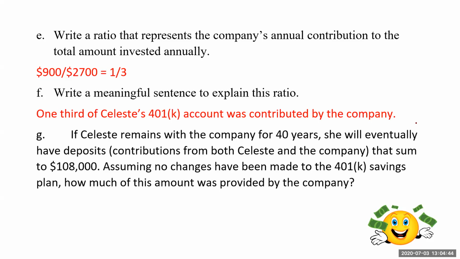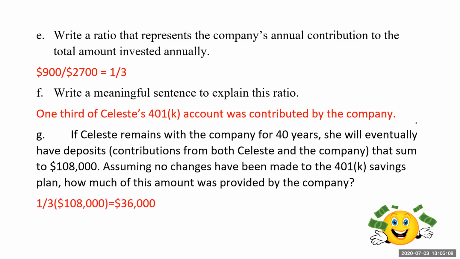Now, if Celeste remains with the company for 40 years, she will eventually have deposits that sum to $108,000. Assuming no charges have been made to the 401k savings plan, how much of this amount was provided by the company? So we are looking at what? 40 years.